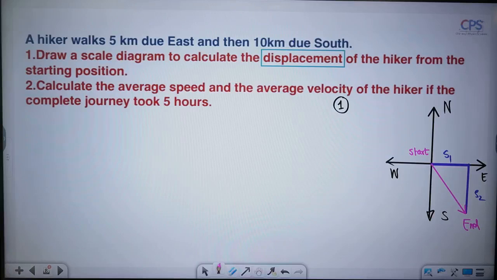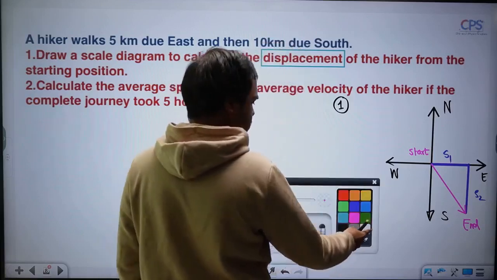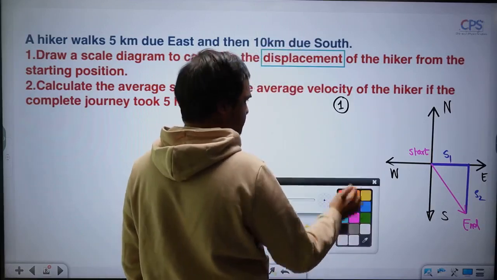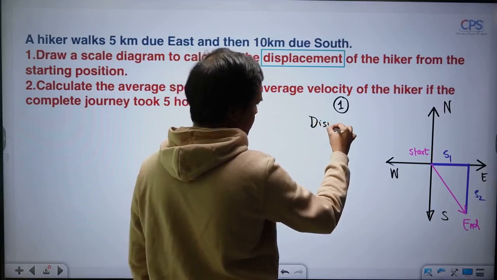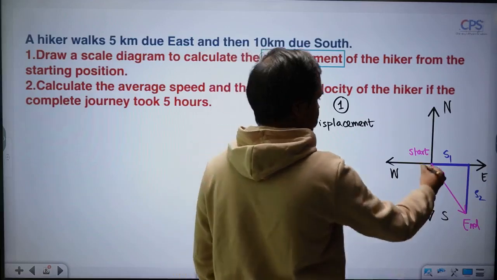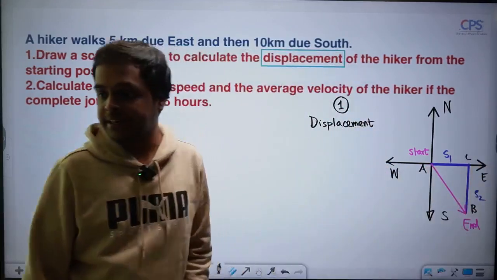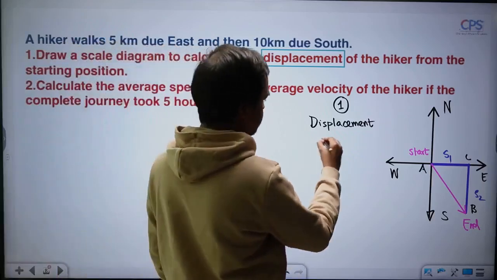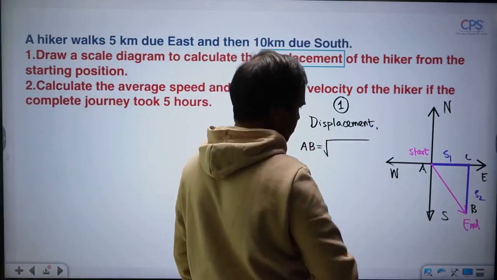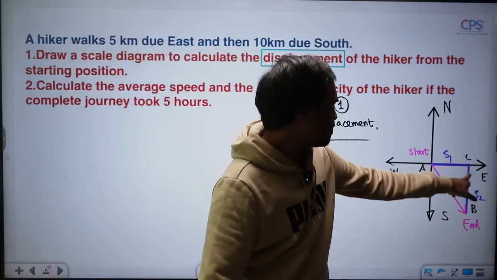We have drawn it, so let's calculate it. Let's say this is A, this is B, and this is C. So the displacement is AB. Now if you remember Pythagoras' theorem from maths, this is S1 squared plus S2 squared.